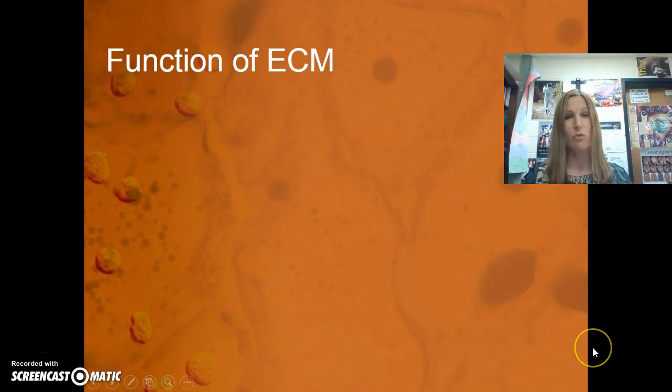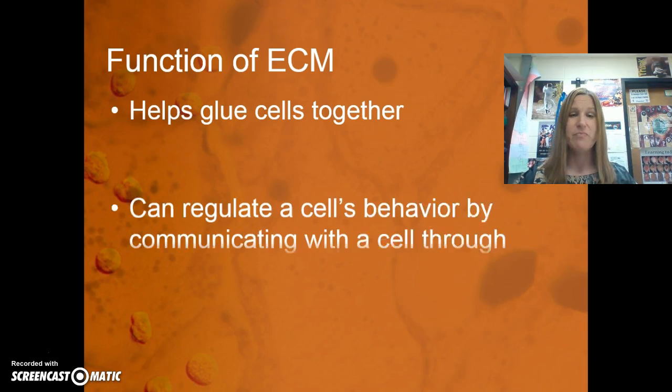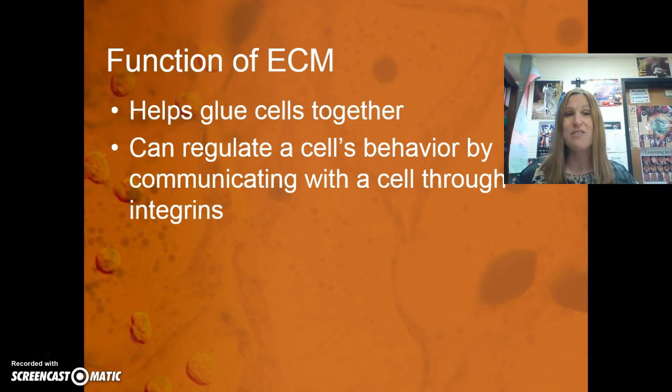Well, this is what we want. Function: helps glue cells together. Now, we've known this. But now we are finding evidence that shows this is how it can help to regulate a cell's behavior by communicating with the cell through integrins.